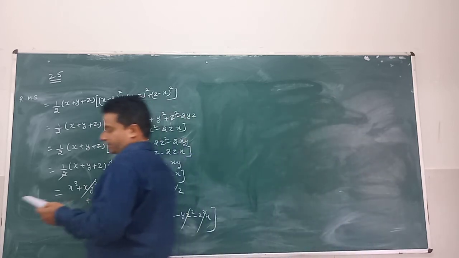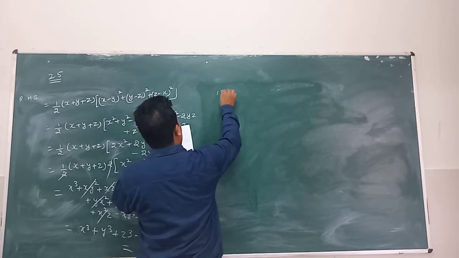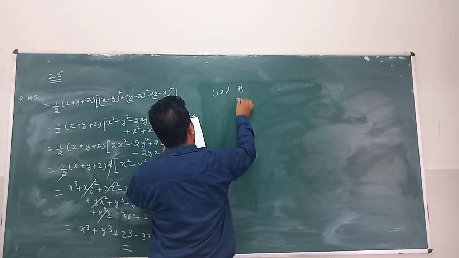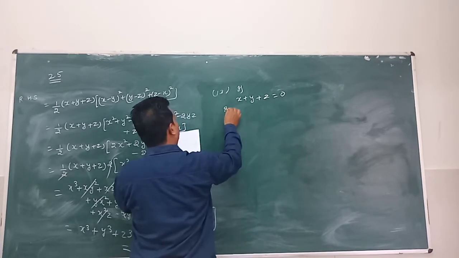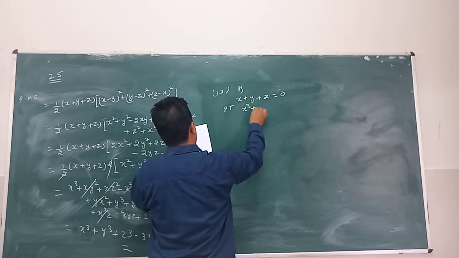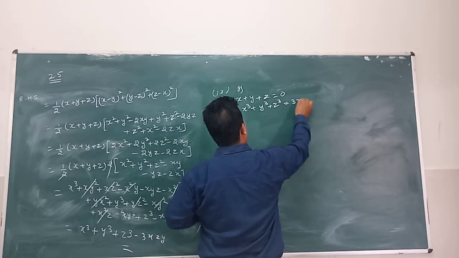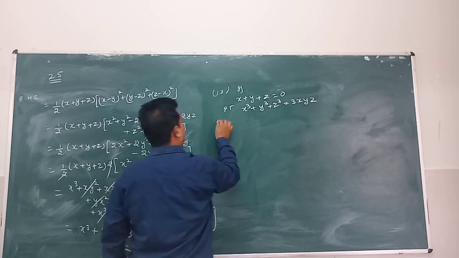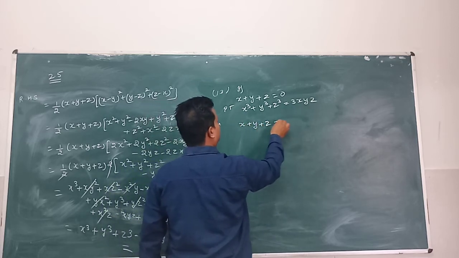In the next question, question number 13, the statement is: if x plus y plus z is equal to 0, prove that x cube plus y cube plus z cube equals 3xyz. So in this question, x plus y plus z equals 0.